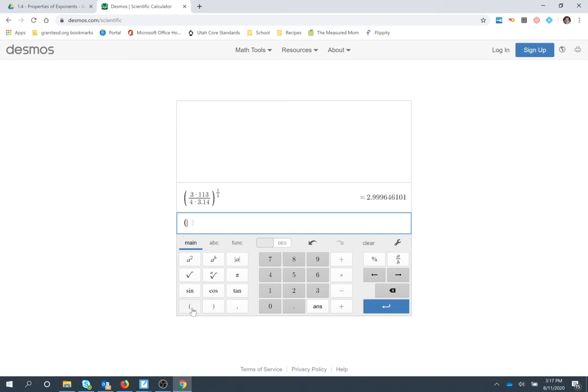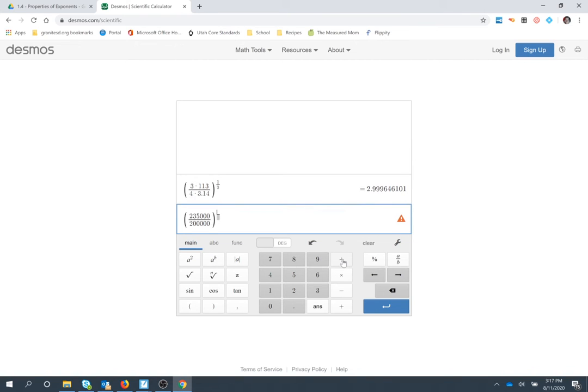I'm going to start with our parentheses, do a division. We have 235,000 over 200,000. Then outside to the power of, get another fraction up there, 1/5. And then on this one, don't forget your -1.